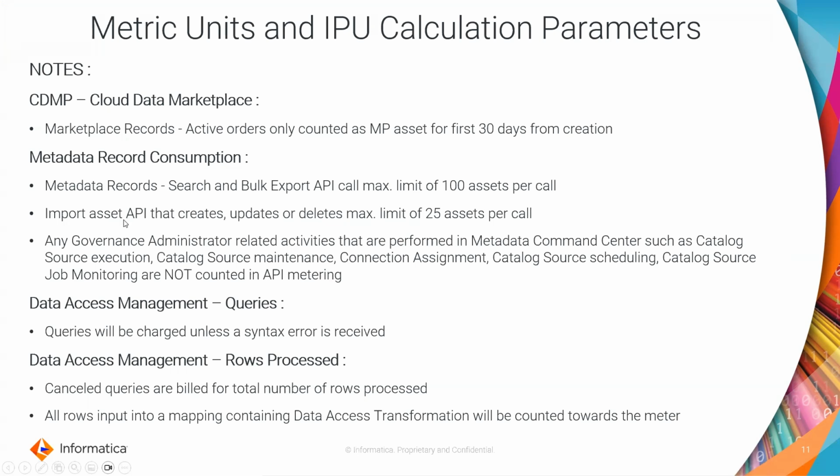For the import assets API, for updates or deletes, it's 25 assets per call. And any governance administrator activities that are performed on the MCC, that includes maintenance, connection assignment, or external scheduling through APIs, are not counted towards the API metering.